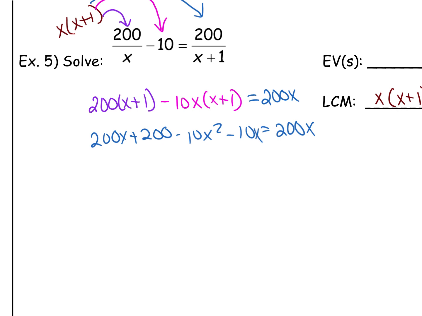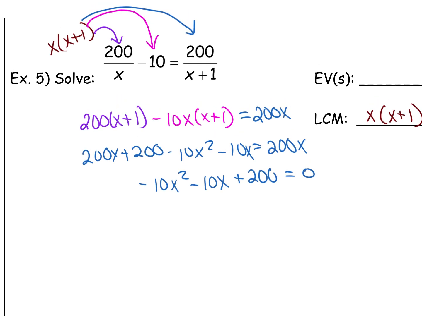Do you see how my 200x will cancel out? So then I'm left with negative 10x squared. I'm just going to put it in order while I do this. So we got a quadratic.